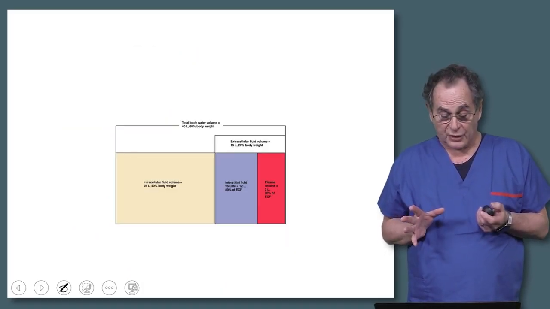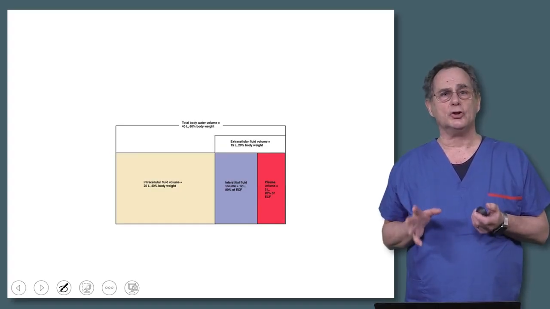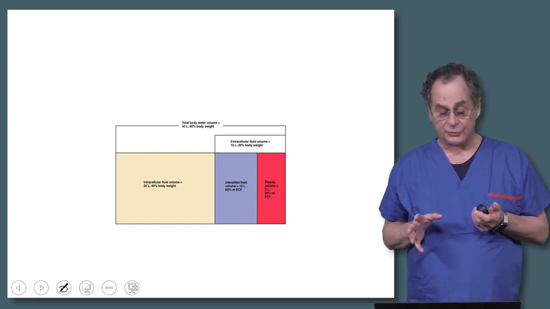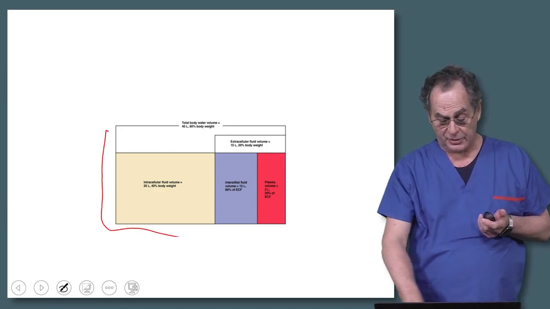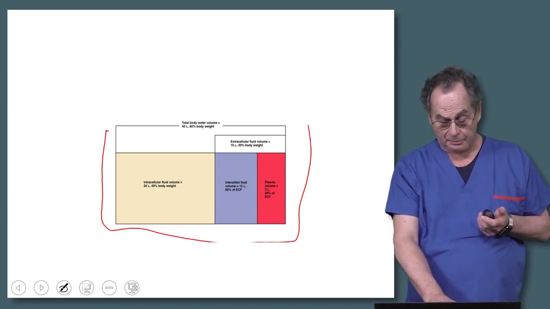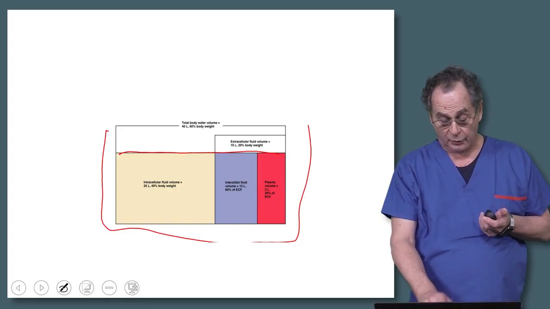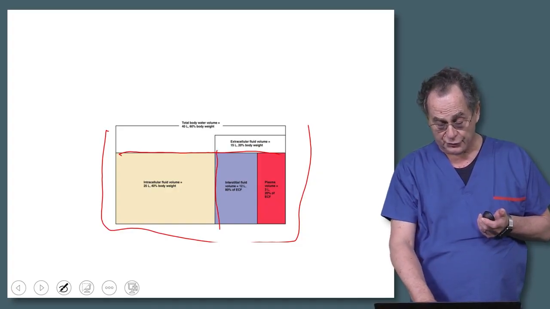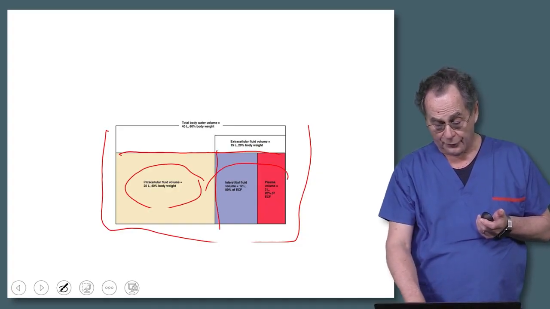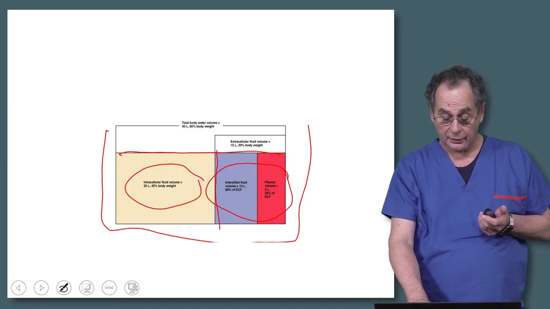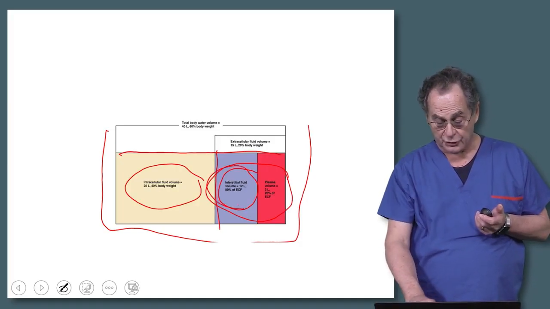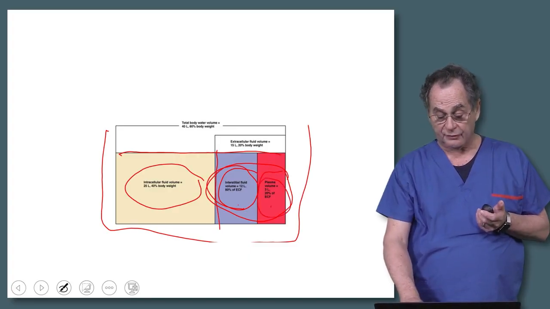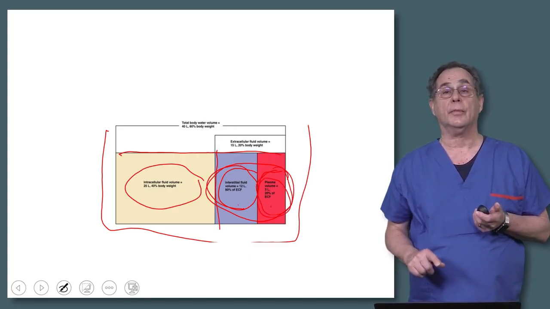So this represents a pictogram again, but it shows something that I'll come back to occasionally through the following lectures. It represents, if you like, a beaker. And within that beaker, there's water. And within that water, 2/3 sits inside the cell, 1/3 outside of the cell. 3/4 of the water outside the cell is in the interstitium, and 1/4 is in the fluid compartment.